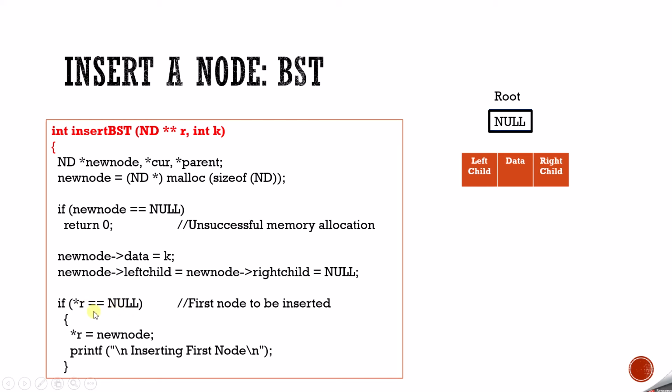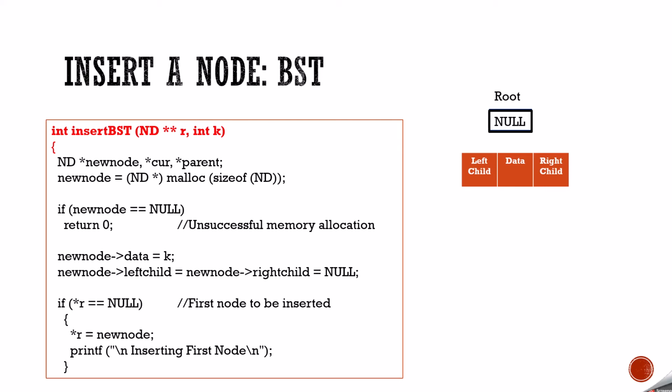Just simply check the content of the pointer r, not the content of r, but the content of the location where r is pointing. So that is actually our root that we have created at the beginning. So the content of the root we are going to check from here. If it is null, then we'll assign the address of, or the content of, new node to the r.